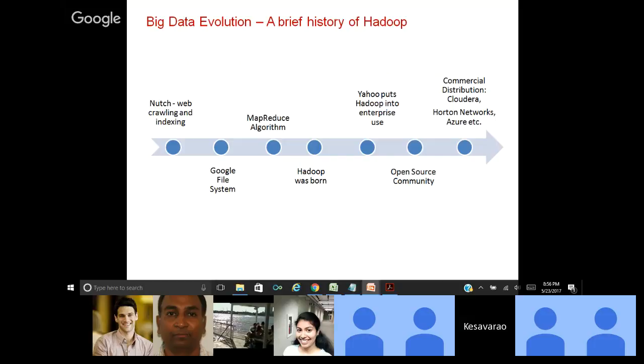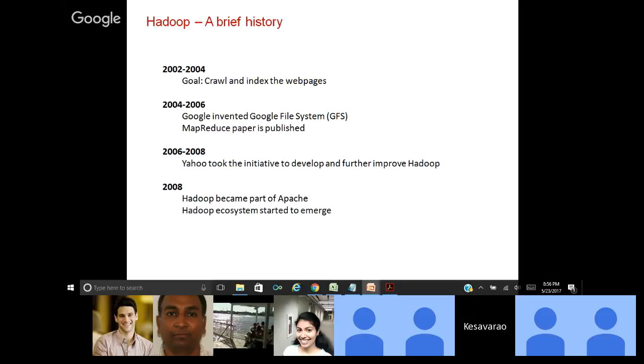From there, all the distribution tools started coming: Cloudera, Hortonworks, Azure, now Amazon EMR. All these are wrappers on top of the Apache foundation, basically. Okay, so this is the brief history.